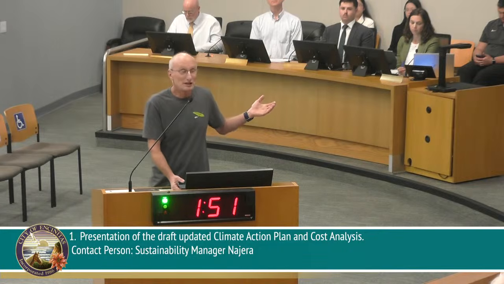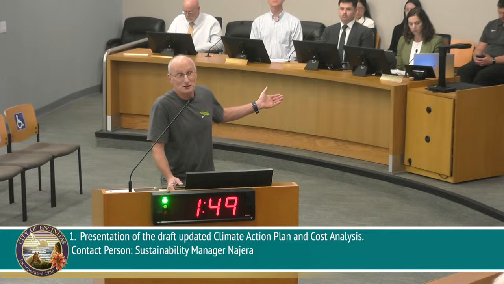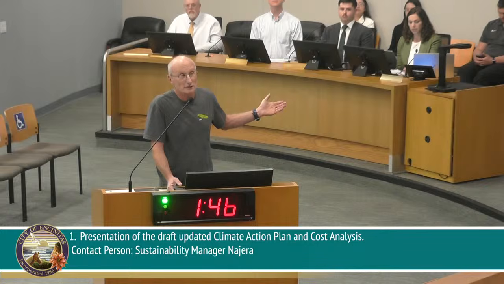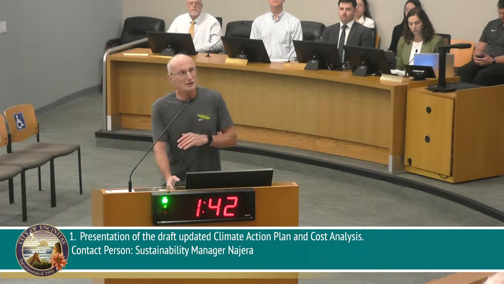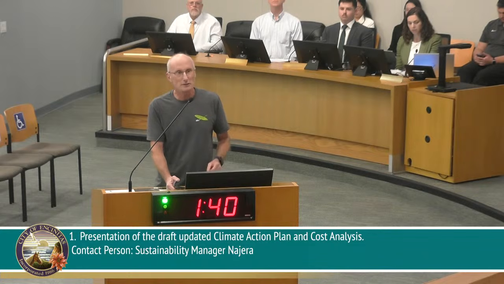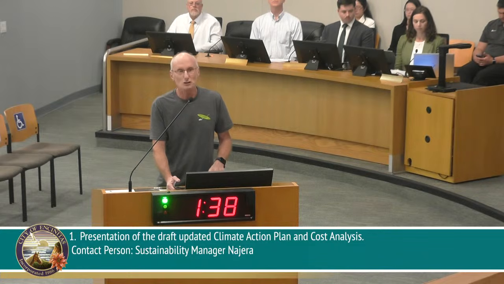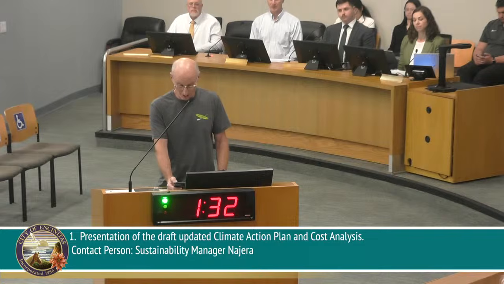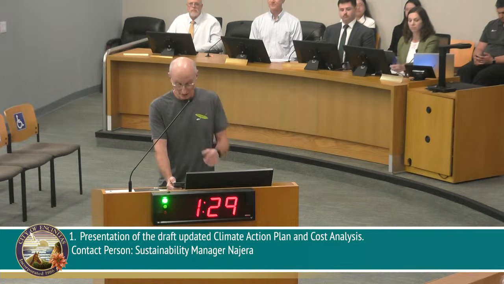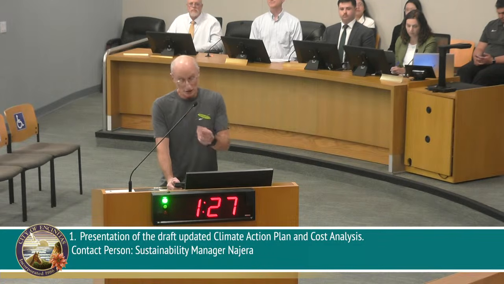It was only $330 million to fix Leucadia Boulevard 20 years ago. Now it'd be $1 billion. So it's not going to go down in price, and not addressing climate issues is not going to make it cheaper in the future. So I really hope we address this and implement this plan, or continue moving forward.